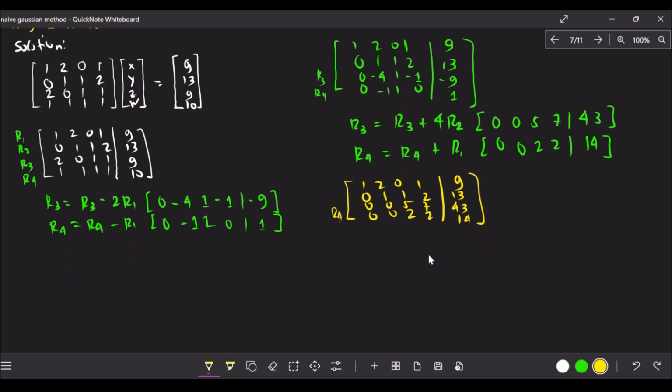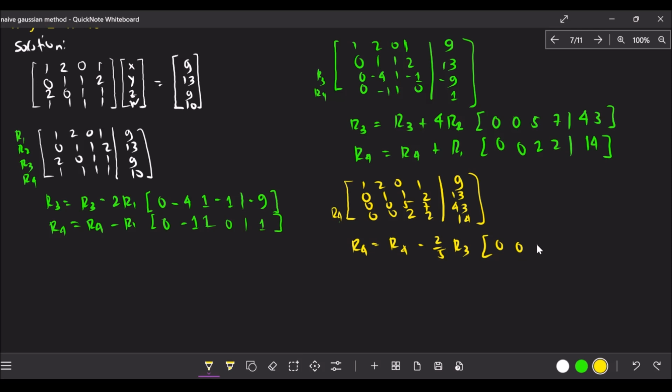Okay, so to do that, R4 is just equal to R4 minus 2 over 5 R3. So this one will be equal to 0. Then we have 0. So R4 is equal to 2 minus 5 times 2 over 5, that is equal to 2.